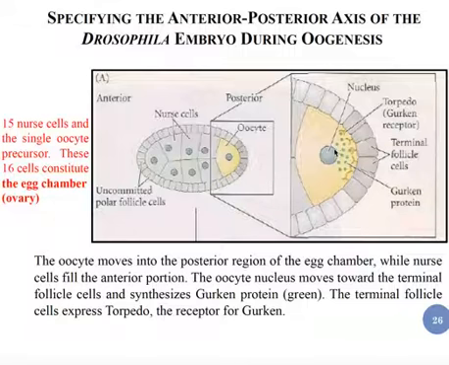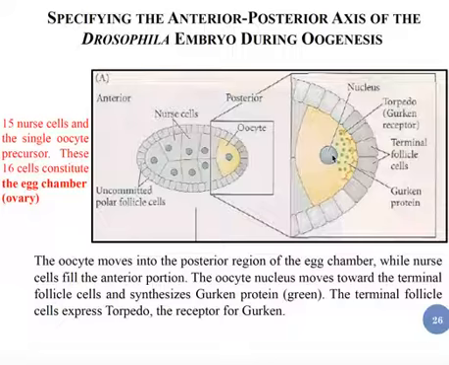As you can see, the nucleus is just present towards the terminal follicle cells. They are called terminal follicle cells, not posterior, since the anterior posterior body axis is not yet established.